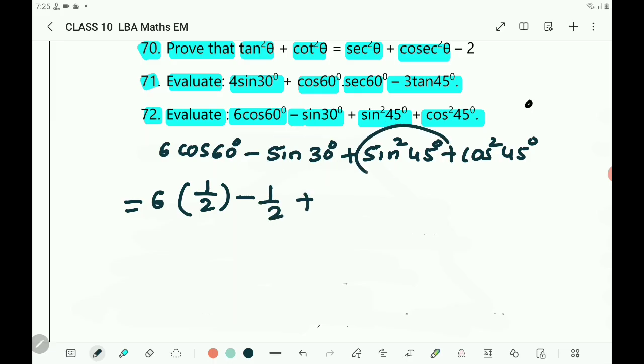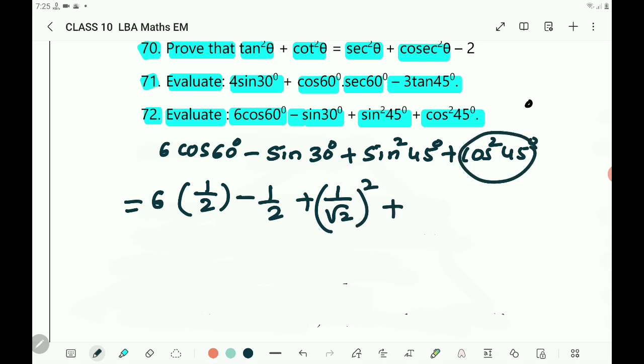plus sin square 45. Sin 45 is 1 by root 2. Sin square 45 is 1 by root 2 whole square plus cos square 45. Cos 45 is also 1 by root 2.